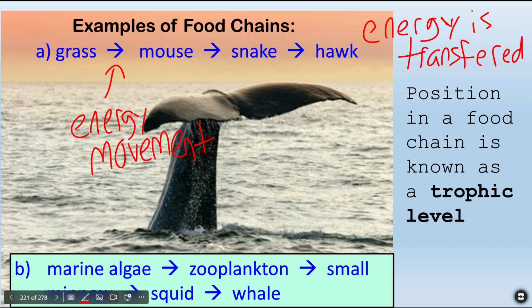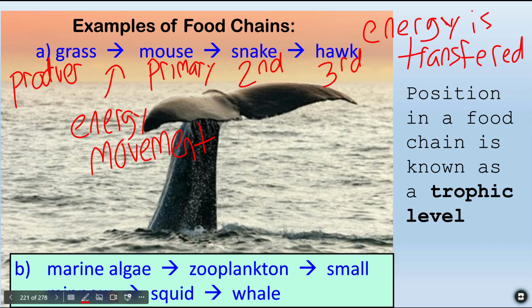And don't forget that the very first organism in a food chain, for example, the grass, is the producer, followed by the primary consumer. We have the secondary and the tertiary, the third level.